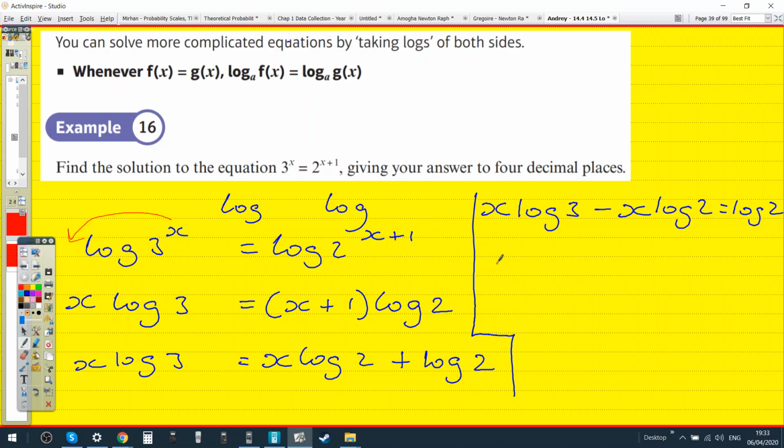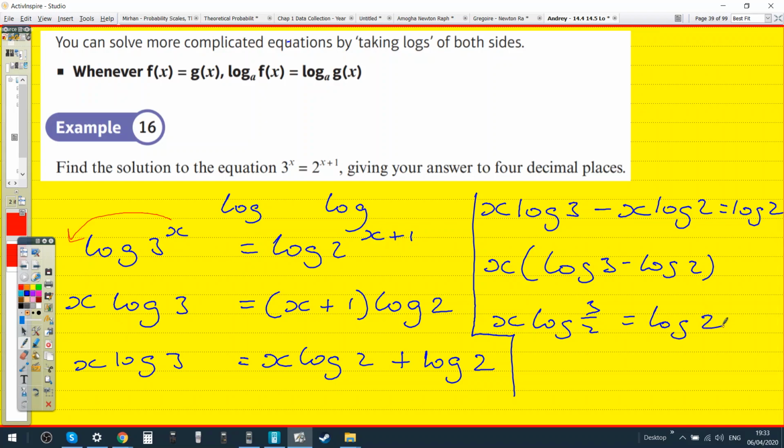Yeah, you would factorize out the x, so it would be log 3 minus log 2, and like you just said, x log 3 over 2, and that is equal to log 2.